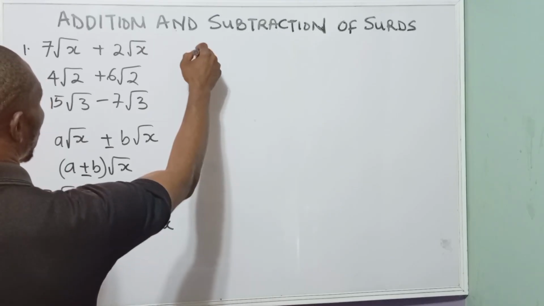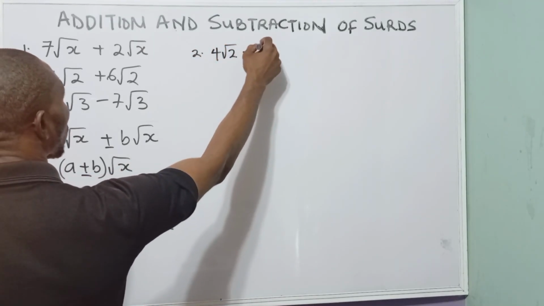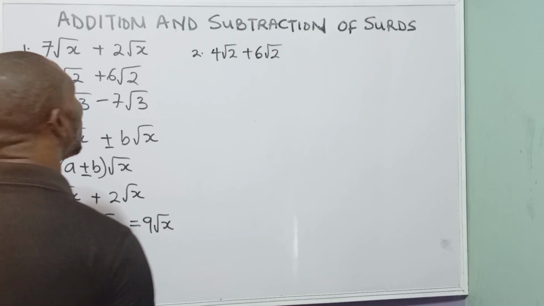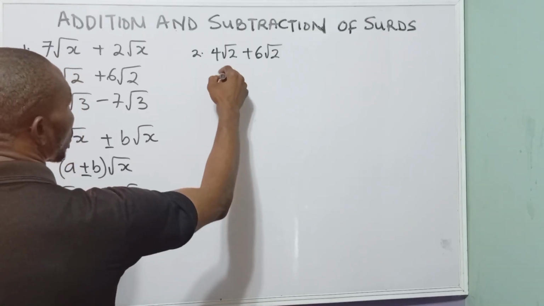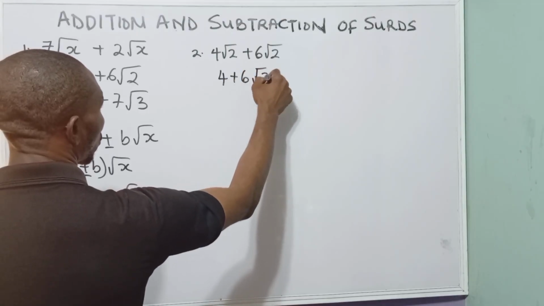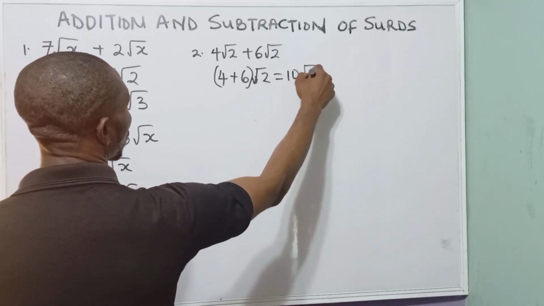Now for question 2, we have 4 root 2 plus 6 root 2. Since the root signs are the same, this becomes 4 plus 6 root 2. Now 4 plus 6 will give us 10 root 2.